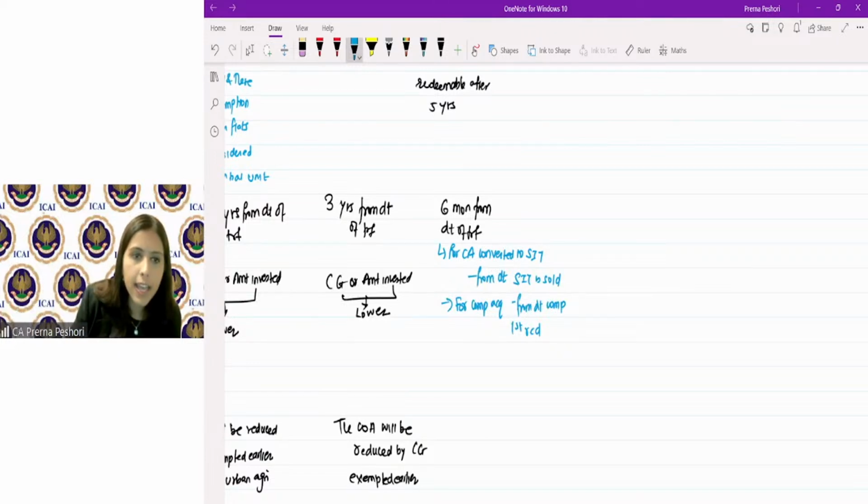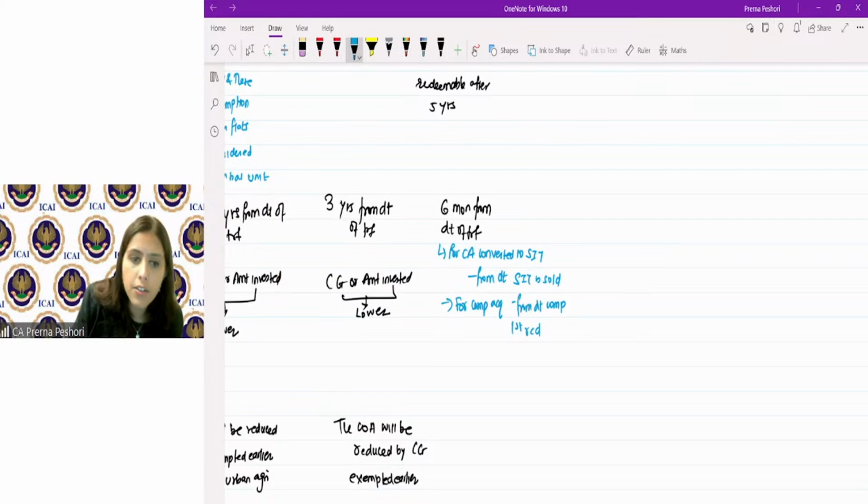So, what is the exemption over here? The exemption over here will be the capital gain or amount invested, whichever is lower.